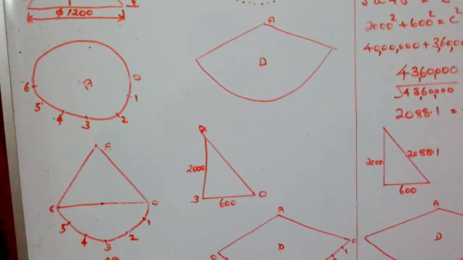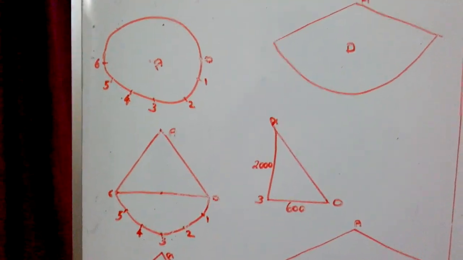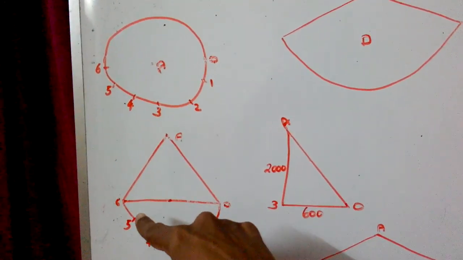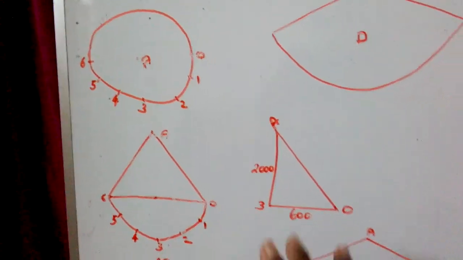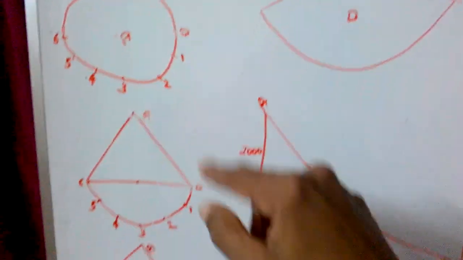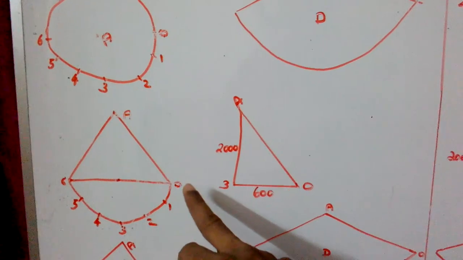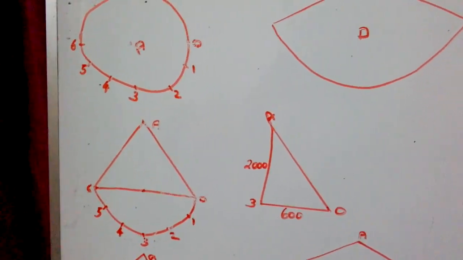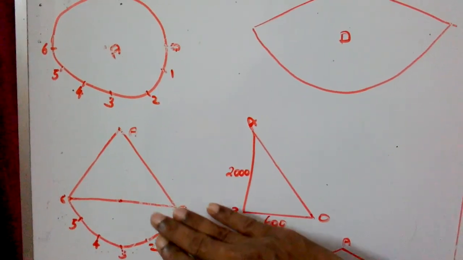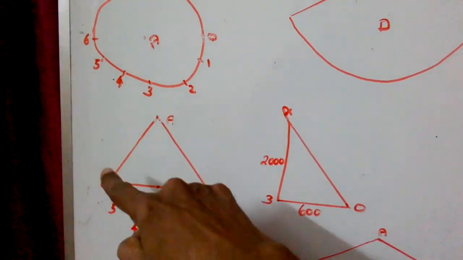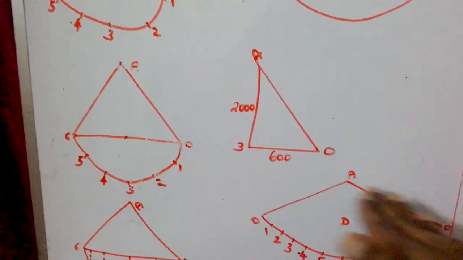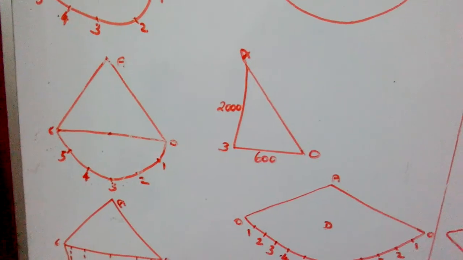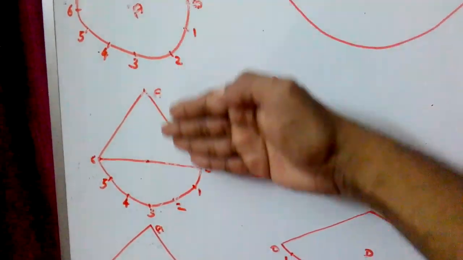When we draw this one, actually it is the half round of this cone. Actually it is a full round, but for teaching you I have just drawn its half portion only. Everybody knows this half portion will be lying in the base, in this horizontal position, and this portion will be in vertical position.